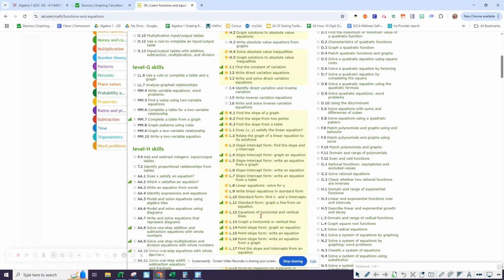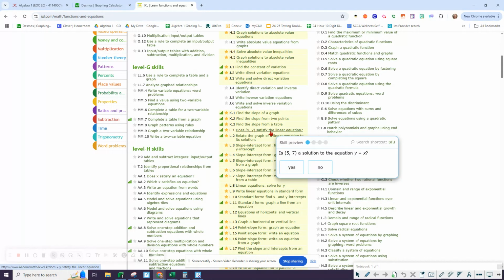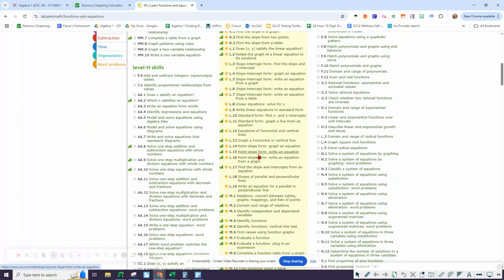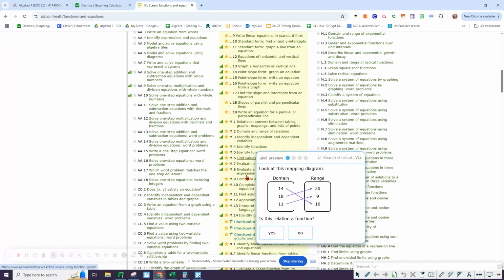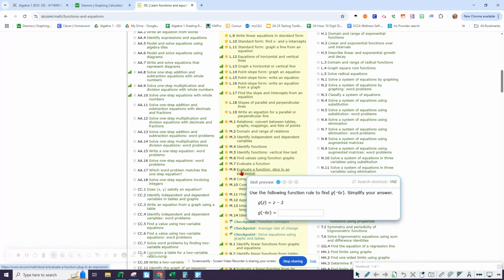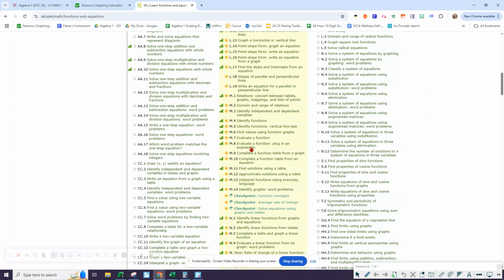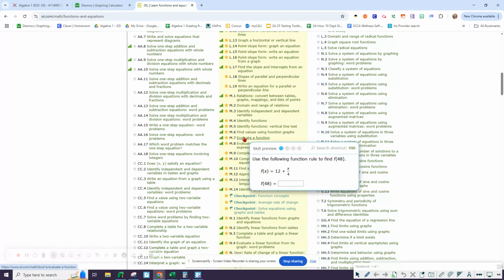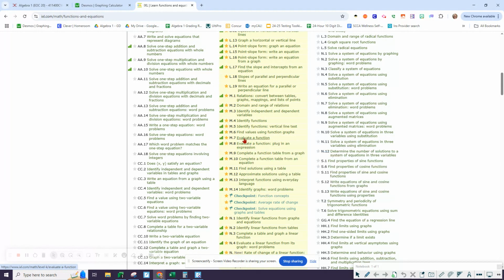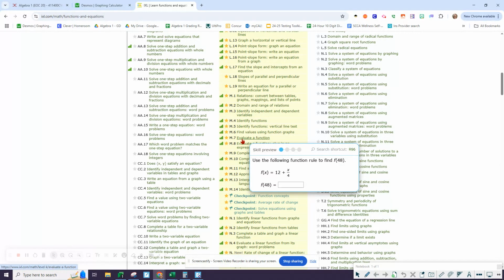Point slope, find the slope, slope-intercept form, write equation. That's what I'm looking for down here. All right, plug in, evaluate a function. These are the ones that you'll want to look at here. Evaluate function. So I would try M7 to get more practice on that one.